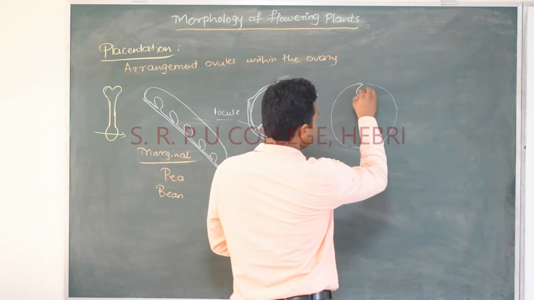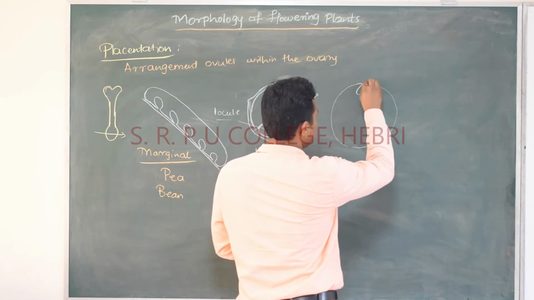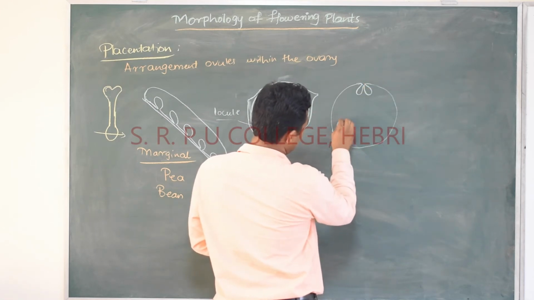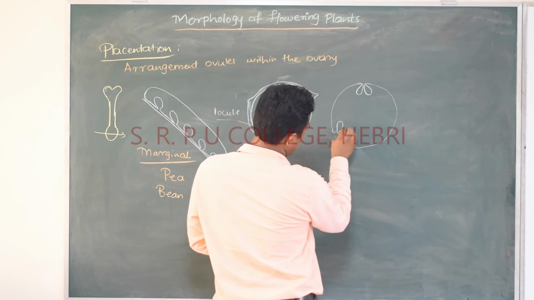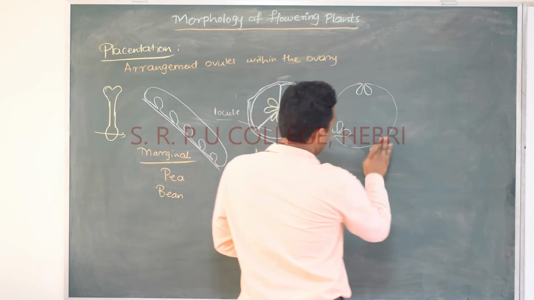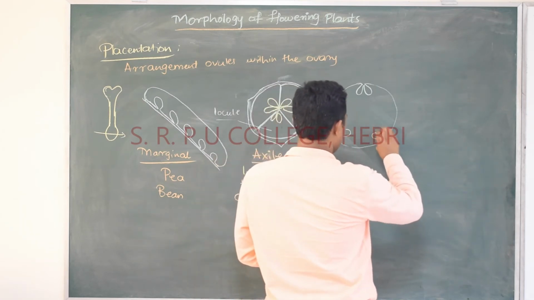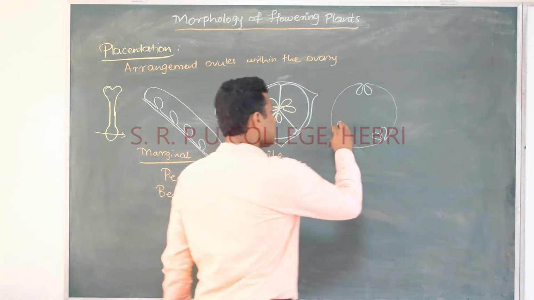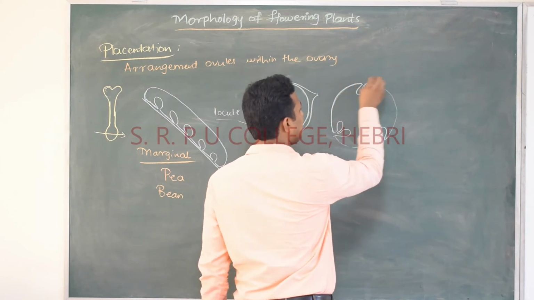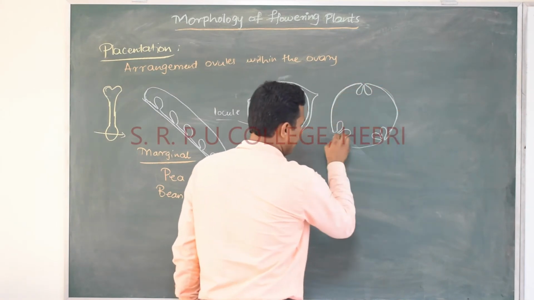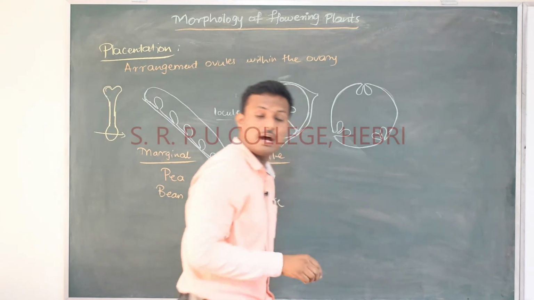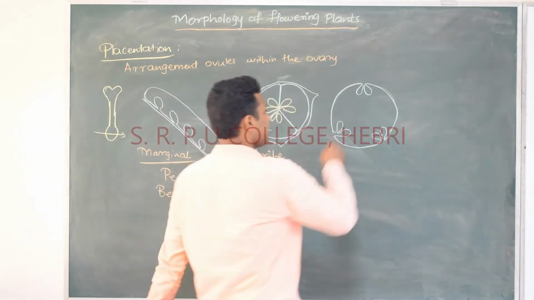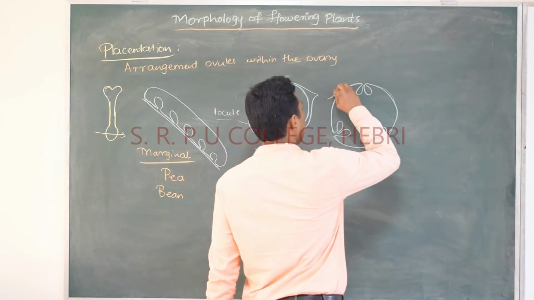These are a pair of ovules present here, and one more pair of ovules present over here, and one more pair of ovules over here. So the ovules are attached peripherally, on the wall of the ovary, right? This is what is called parietal placentation.